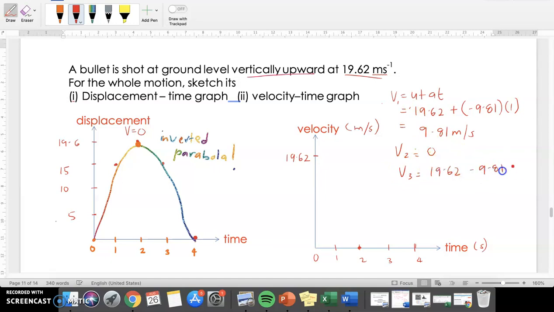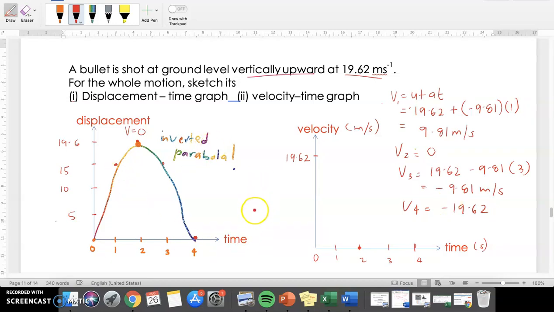Minus 9.81 times 3. So this will give me something. And that something is 9.81. I know, shocking. Can you guess what is that V for? Yes, it's minus 19.62, which is the magnitude of the velocity that we started with.